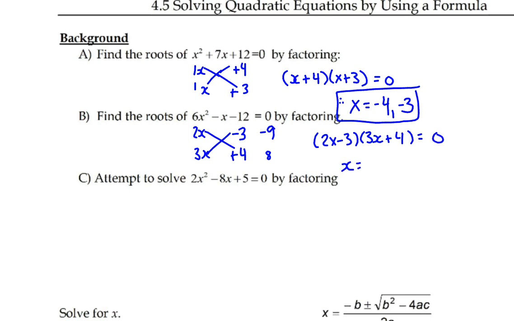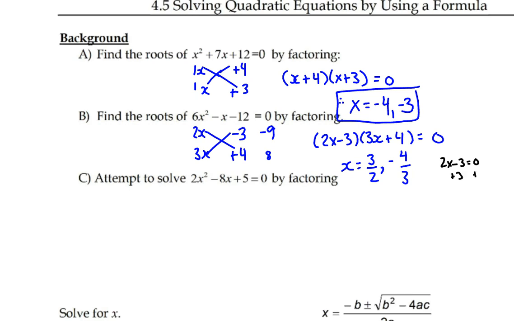Or our solutions would be, what would be the first? Positive, opposite sign, 3 constant over the coefficient, 3 over 2. Comma, or opposite sign is negative, second over first, 4 over 3. Now, if you're having a hard time understanding how we're getting those, what we're really doing is we're taking 2x minus 3 and setting it to 0 and solving for x.